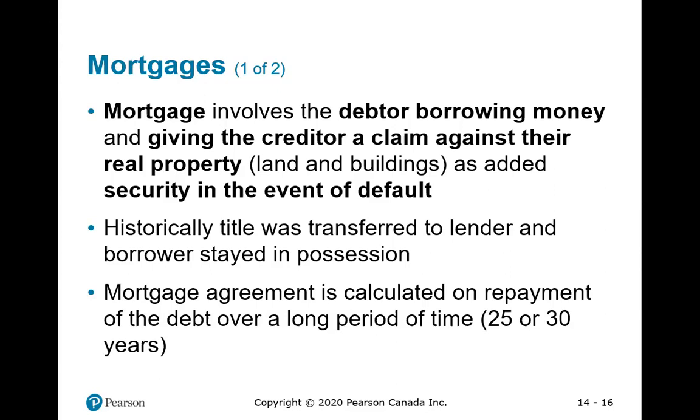Still, it's one of the transactions with the lowest interest rate, because the risk is one of the lowest. Different if I advance you money to go on a summer vacation. I only get a promise of repayment, right? So that's different from a mortgage. That's what a mortgage is, very briefly.